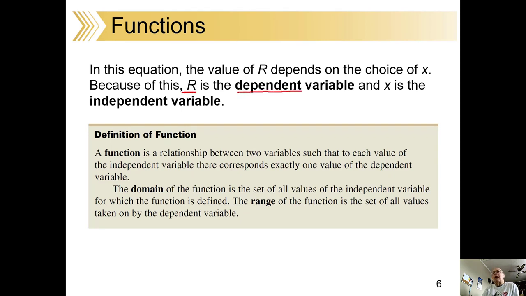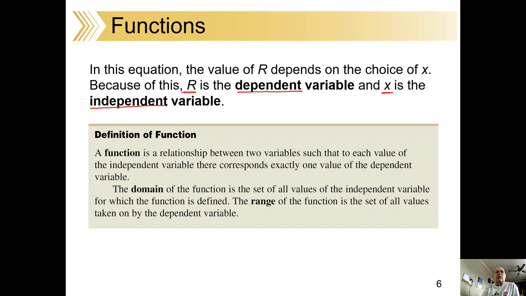And we call it a dependent variable because it's going to be different depending on what you choose for x, how many items you have. x is the independent variable because in theory you could pick any value you wanted for x. But once you pick that value for x, R is totally locked in, and it's locked in by that function or that equation.